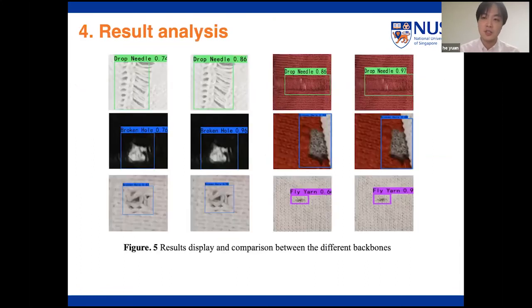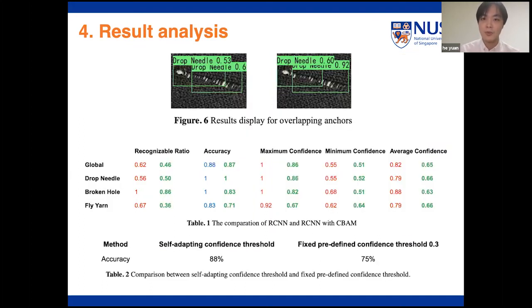The result shows the left part is what we can get from the RCNN, and the red part is what I can get from the CBAM, the RCNN with CBAM. Definitely, you can see the confidence has improved, and even for some overlapping images, it also gets improvements.